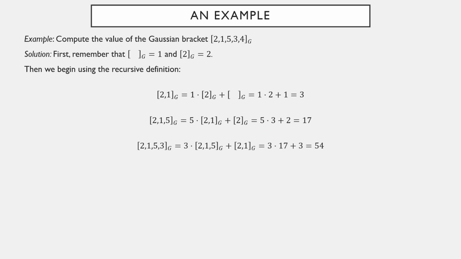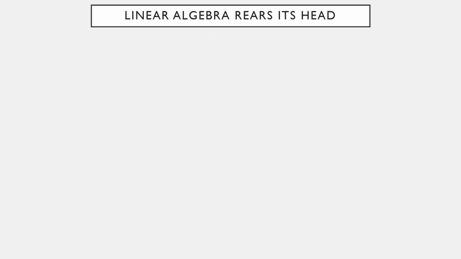So to compute the value of 2, 1, 5, 3, it's going to be 3 times the value of 215 plus the value of 21. We've already computed both of those. We get a total of 54. For the Gaussian bracket we were interested in, 21534, it's 4 times the Gaussian bracket 2153 plus the value of the Gaussian bracket 215. We've computed all these things and we end up with a total of 233.